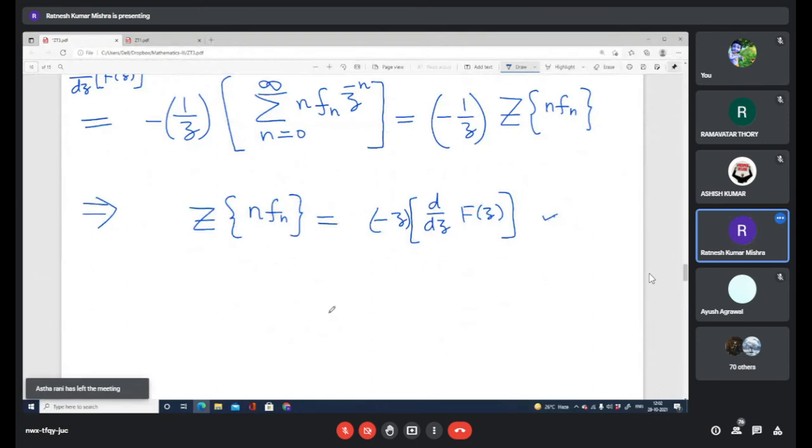So anyone can prove this for n equal to 2. So this is for exercise.